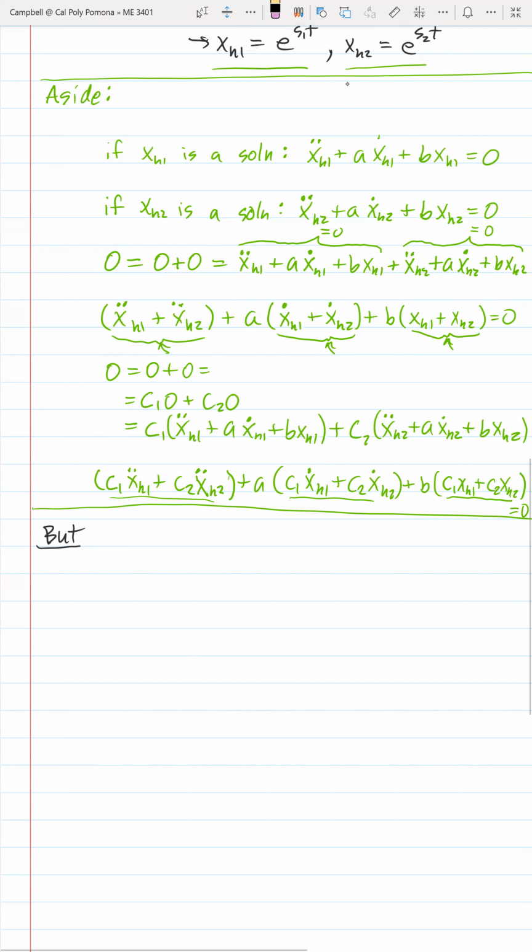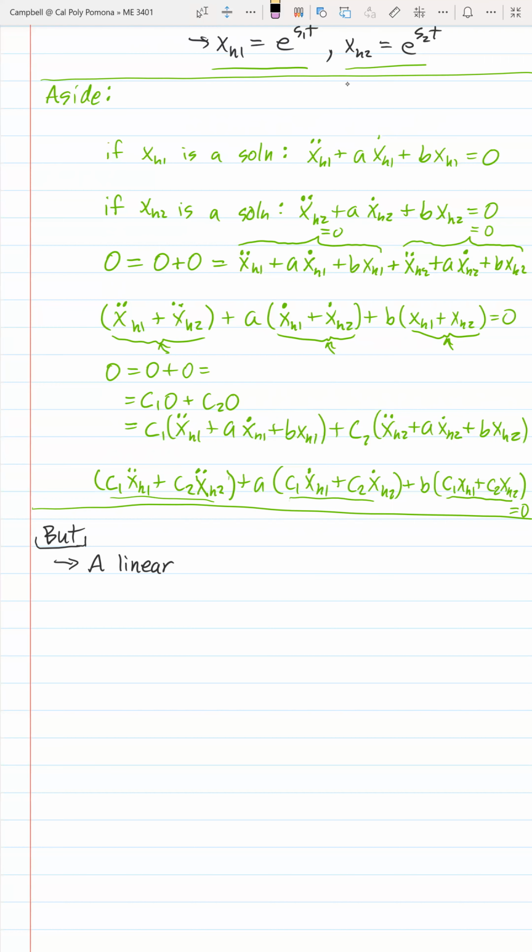So we can capture that idea by saying, so remember, when I take different constants and multiply things by them and then add those products together, in this case homogeneous solutions, we end up with what's called a linear combination.